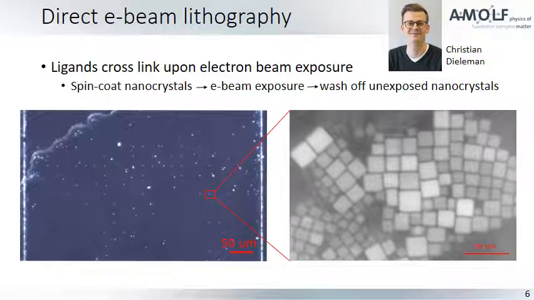Then about the direct E-beam lithography. My colleague Christian Dieleman has developed this. In contrast to conventional lithography steps where you need photoresist and lift-off steps and can be quite complicated, in this case we directly cross-link the ligands that are always present on the surface of these perovskite nanocrystals upon electron beam exposure.